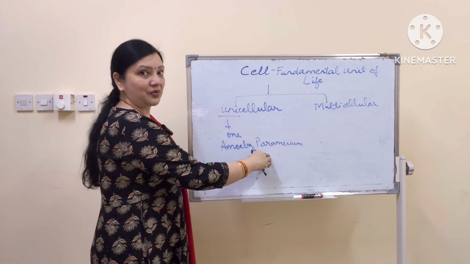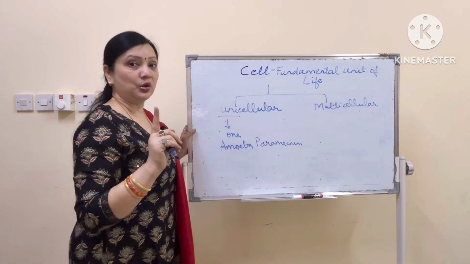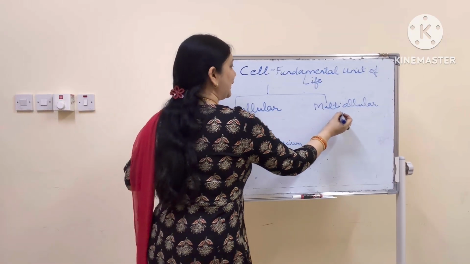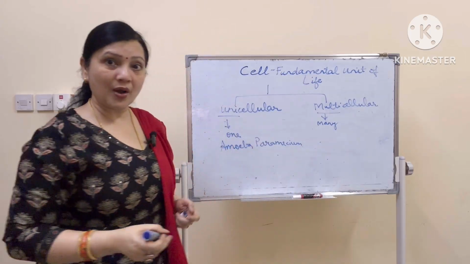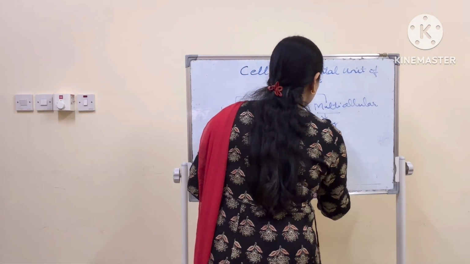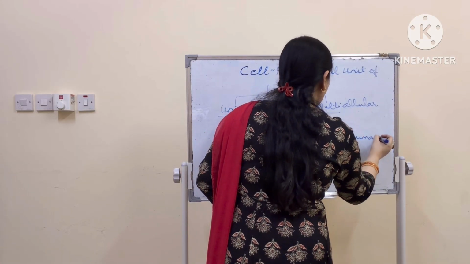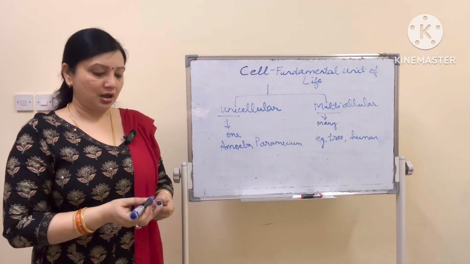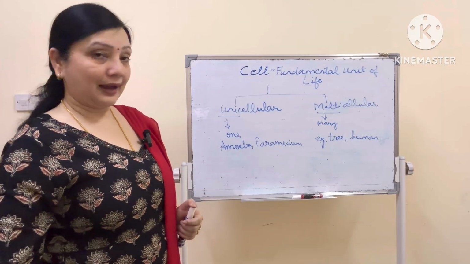So amoeba, paramecium, these are some examples of unicellular organisms, means they have only one cell and they can exist independently. Multi means many. So organisms with many cells or more than one cell are called multicellular organisms. For example, tree, or even humans, or dog, cat, anything around you which you can see is actually multicellular, because a single cell we cannot see except the ostrich's egg.